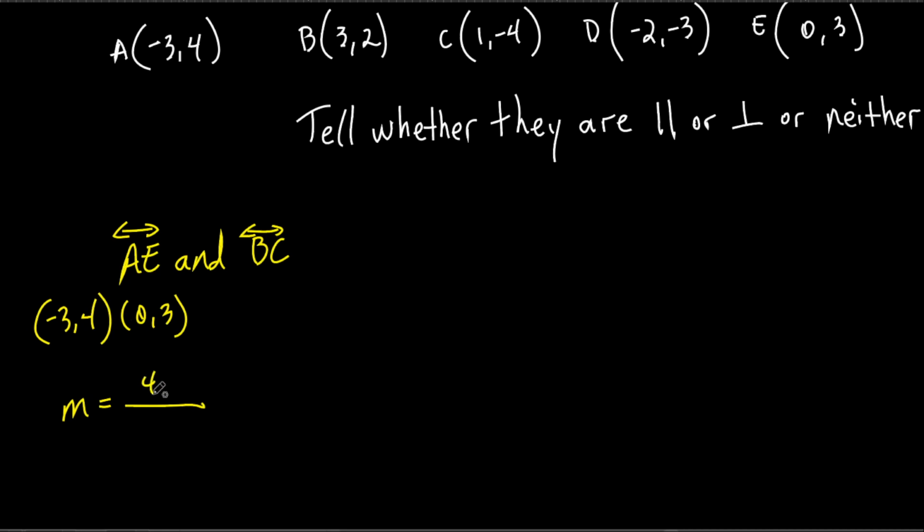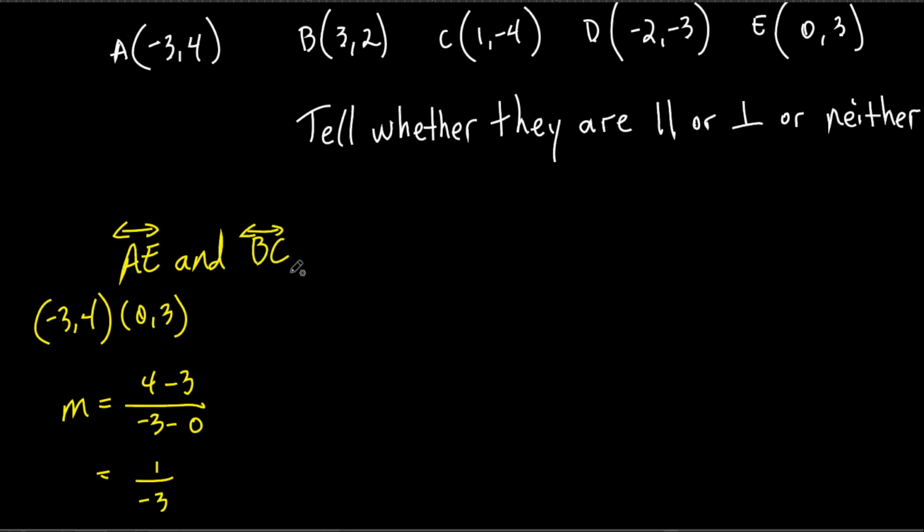So I'm going to go 4 minus 3, because those are my y's, and then the x's, negative 3 minus 0. And then we just work this out. 4 minus 3 is 1. It comes out to negative 1/3.